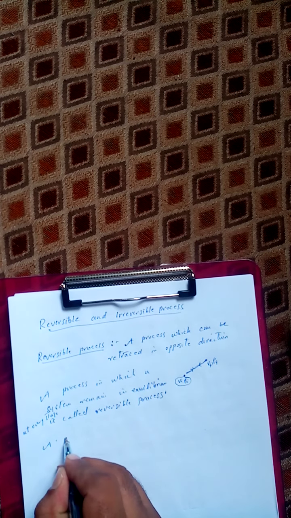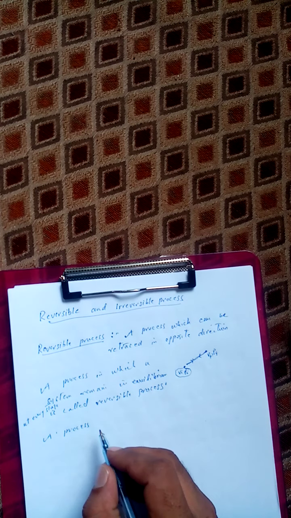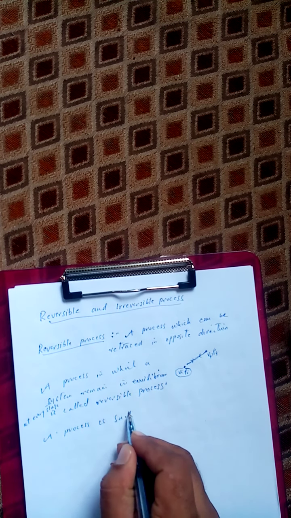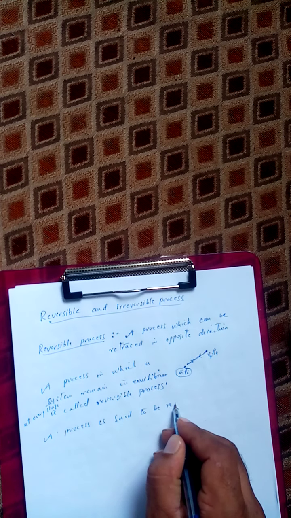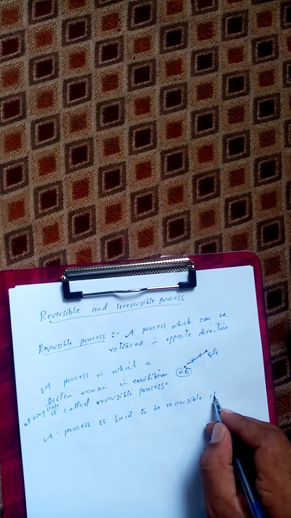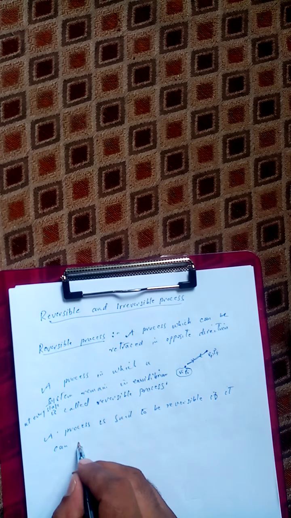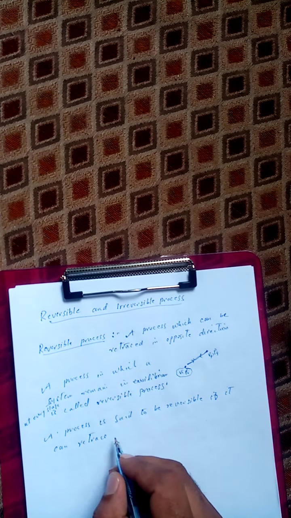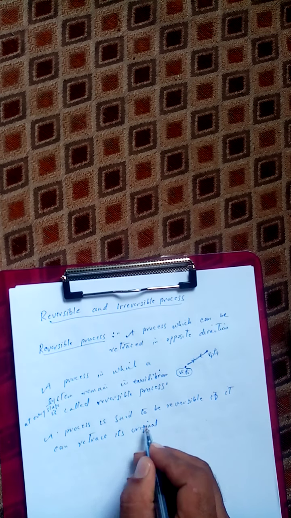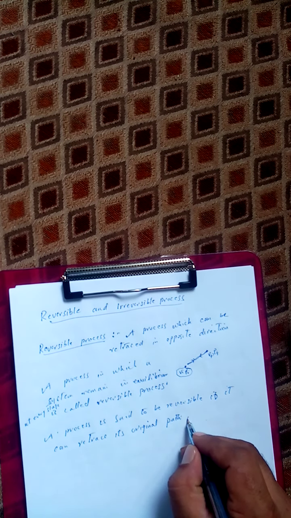We can also define it like this. A process is said to be reversible if it can retrace its original path, or original condition of equilibrium.